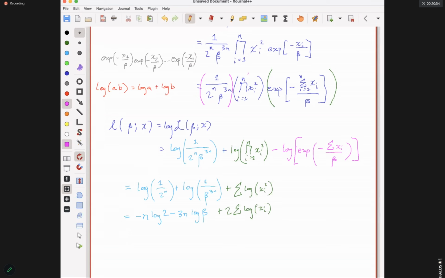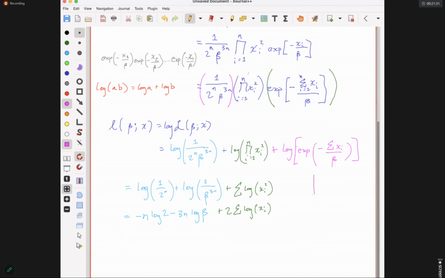And then, this one should be a plus here still. But I have the log of exponential of negative sum xi over beta. What do I do to this one? I'm just going to cancel the log and the exponential.